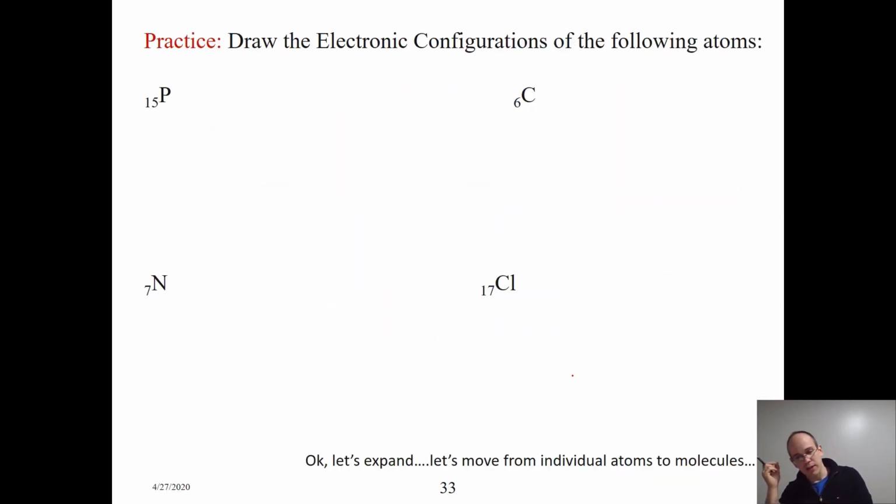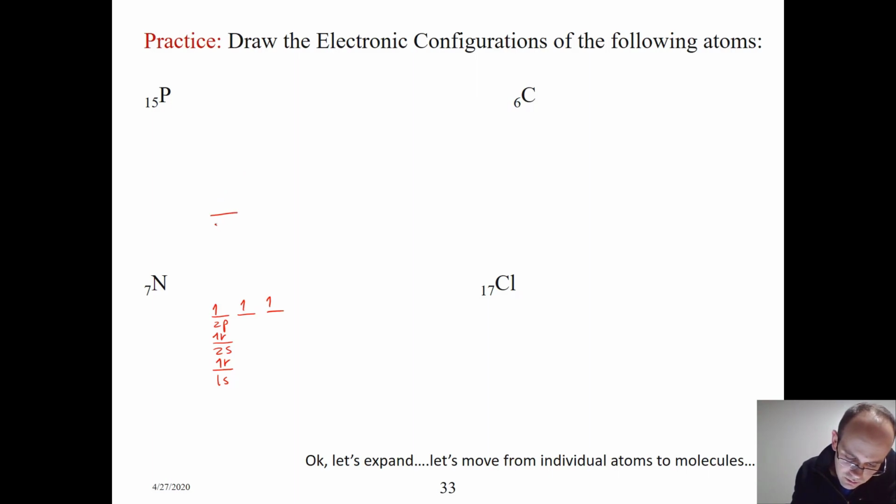All right, so we could draw some electron configurations for each one of these atoms. Let's do nitrogen first. Nitrogen, I'm going to start with 1s, 2s, 2p. Nitrogen, 7 protons means 7 electrons. 1, 2, 3, 4, 5, 6, 7.